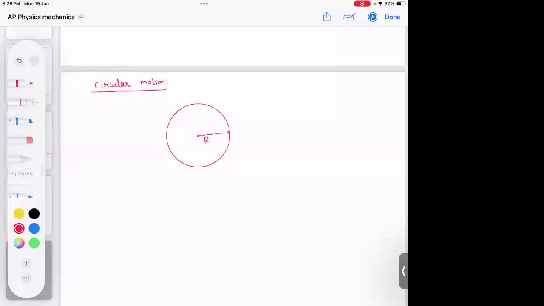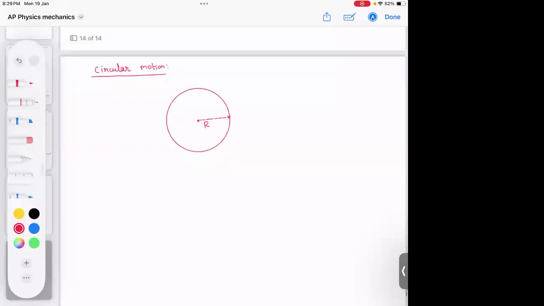Okay. So in a circular motion, can we say that the particle velocity will be always changing? It's not possible to keep the velocity constant. But we can keep the speed constant. Understood?